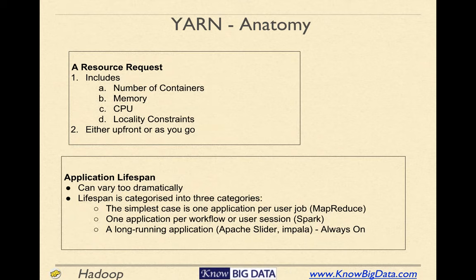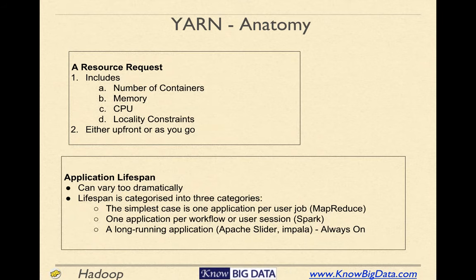So when you are making a request, you could tell, hey, my work is very heavy, I would need so many containers, and so much memory on each container, and these many total CPUs. Along with that, you could tell YARN, please run my logic near this particular data. That is a locality constraint.